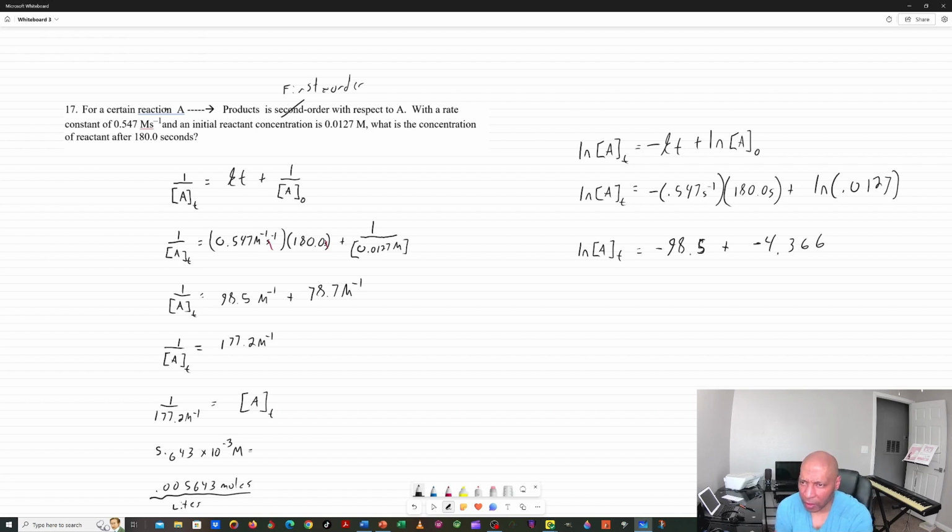I end up with extra significant digits, right? My characteristic has to have 3 significant digits because this is good to 3 significant digits.